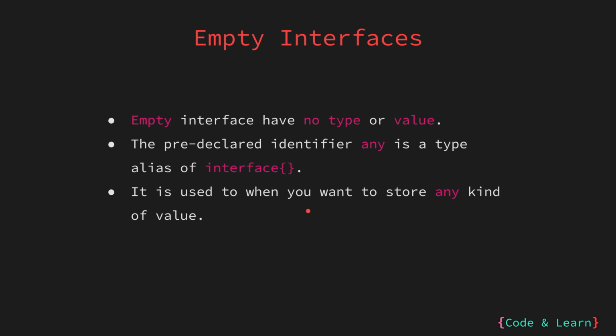Since Go is a statically typed language, an empty interface is used to declare values that can accept any type of data. So, an example of this would be reading a JSON document where the values could be of any type. In the next lesson, we will cover type assertion, which allows us to convert an empty interface value to a value with a type.